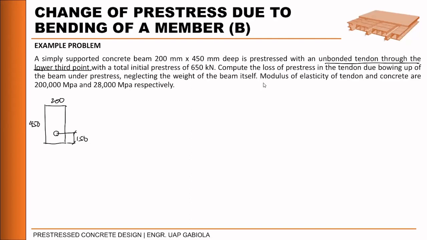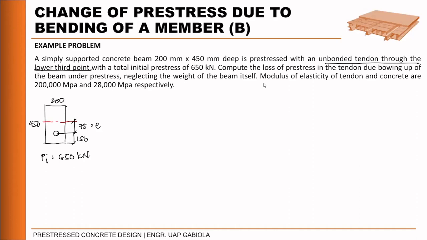So from our center line, what is the distance of this? Okay? So 450 divided by 2, minus 150, that is 75. So this is our eccentricity.